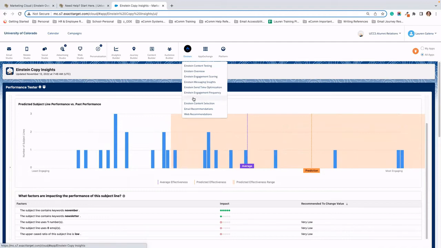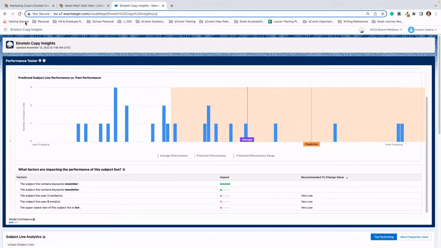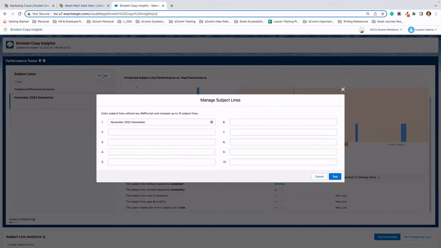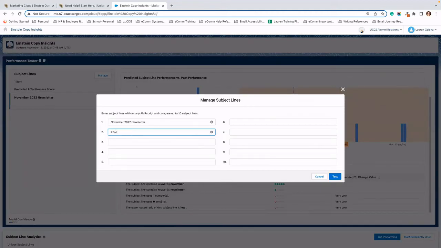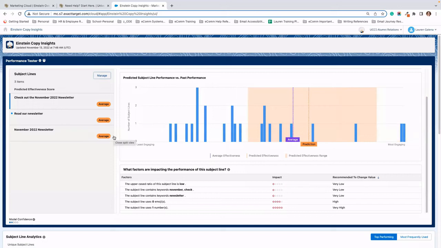So if you have other ones that you want to test, like read our newsletter, or check out the November 2022 newsletter, you can test up to 10 different subject lines and see which one looks the best.